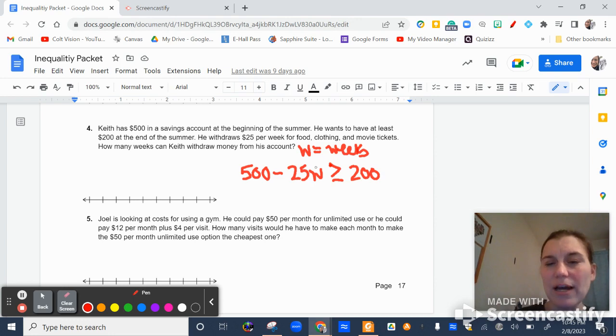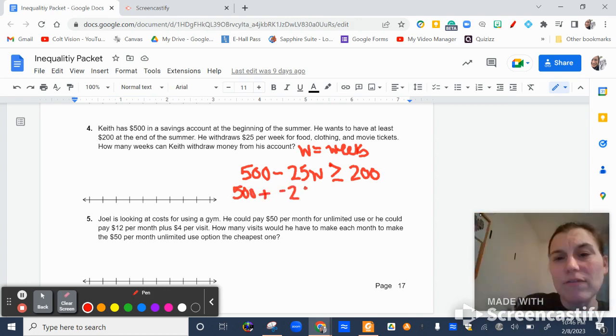So the one strategy I have is whenever we're subtracting the variable term, we use keep, change, change. So I'm going to encourage you that when you have it like this and you're subtracting from that constant at the beginning, rewrite it as 500 plus negative 25 W is greater than or equal to 200.